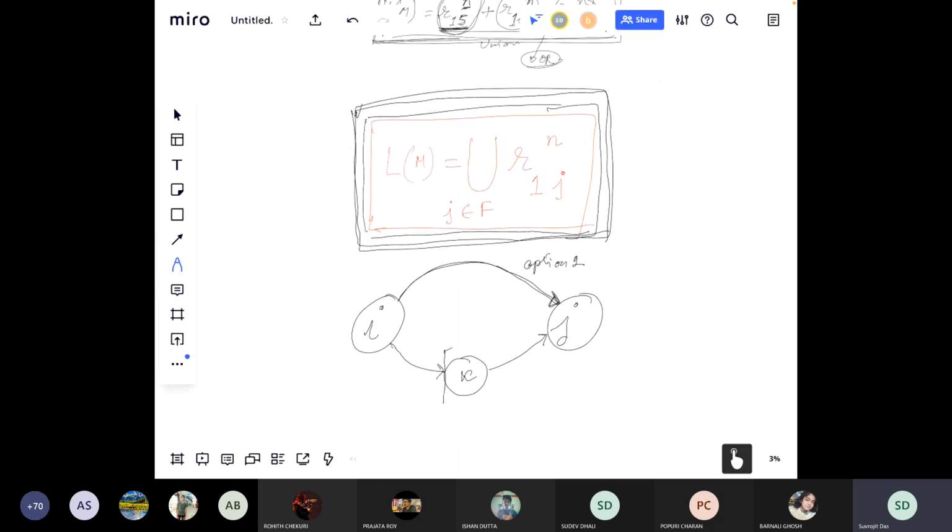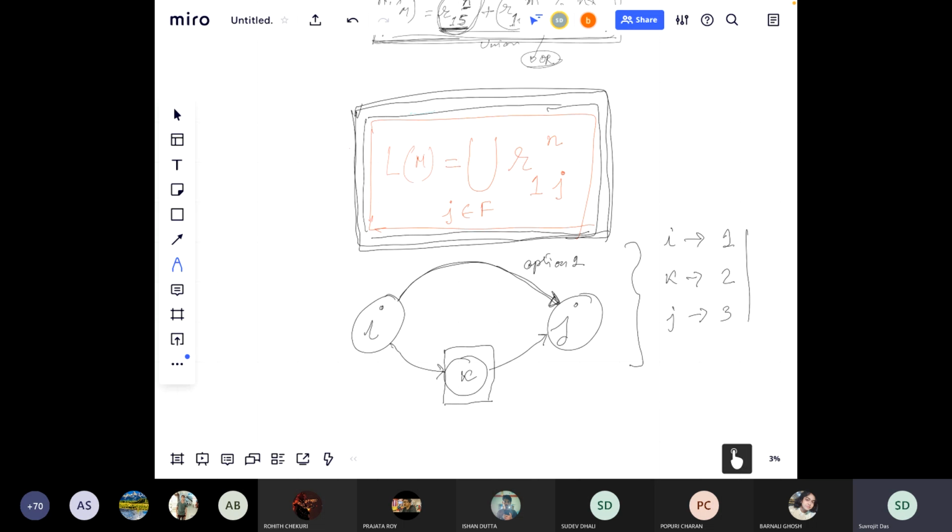Now this via K is a very important factor. As soon as I say that it goes via K, I should have a mechanism to mathematically justify that K is somewhere in between I and J. Now the only mathematical justification for that is to rename I to some state with number 1, K with some state number 2, J with some state number 3.